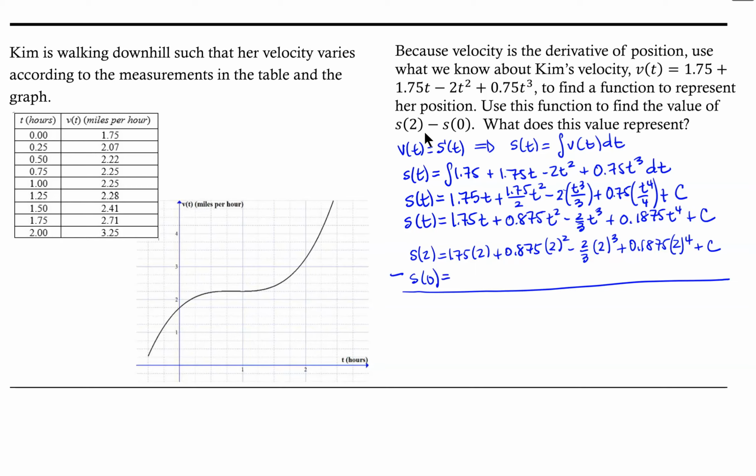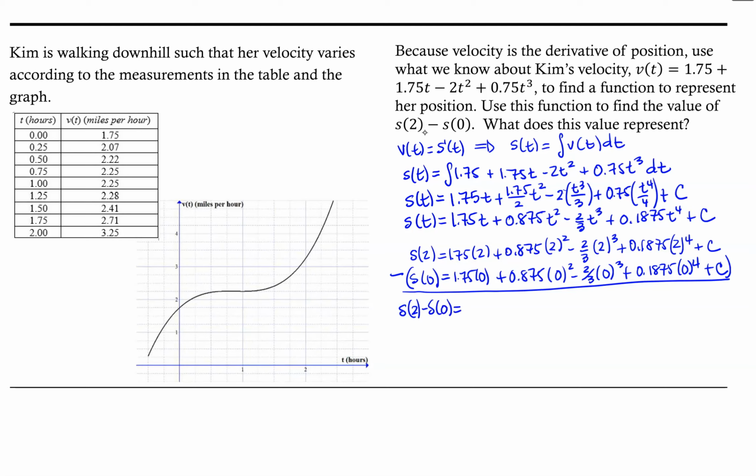Well, s at 0 is 1.75 times 0 plus 0.875 times 0 squared minus 2/3 times 0 cubed plus 0.1875 0 to the 4th plus c. So we're doing this subtraction here, and what we end up with is s2 minus s0.